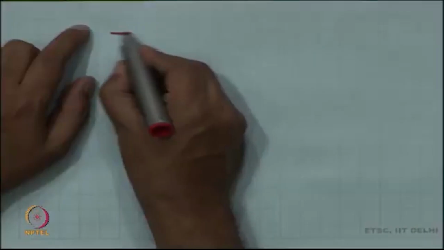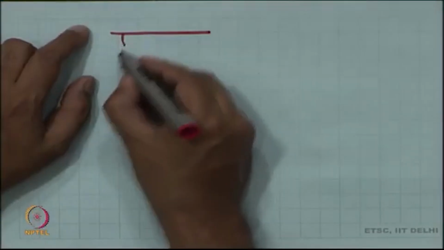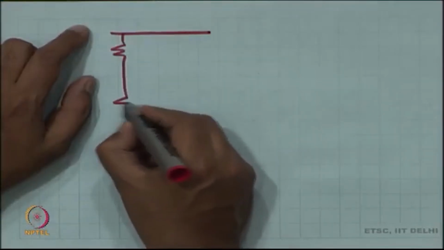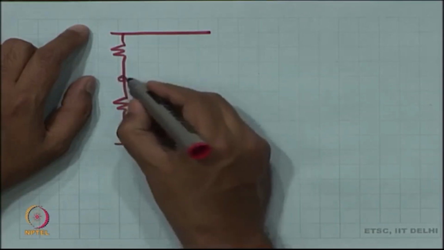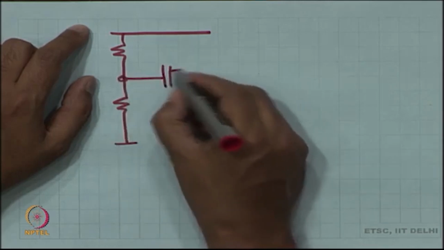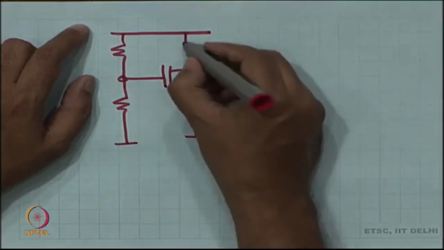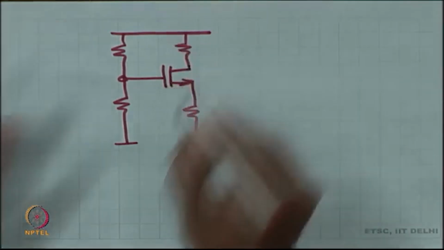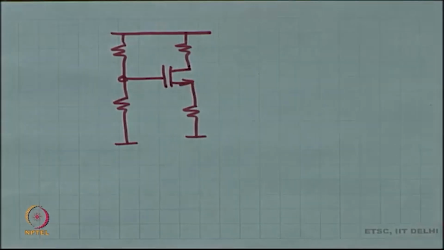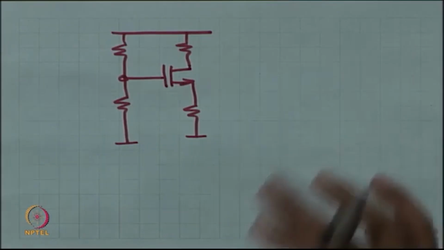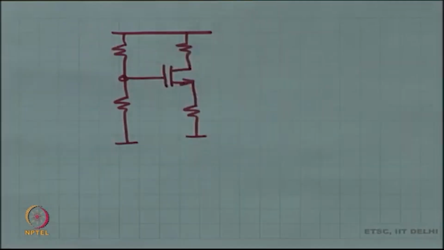So, first of all, our biasing circuit is common. It does not matter what you are doing, common source, common drain, common gate, we use the same core structure to establish the DC operating point. And we had a long discussion on why this structure looks like this, right.